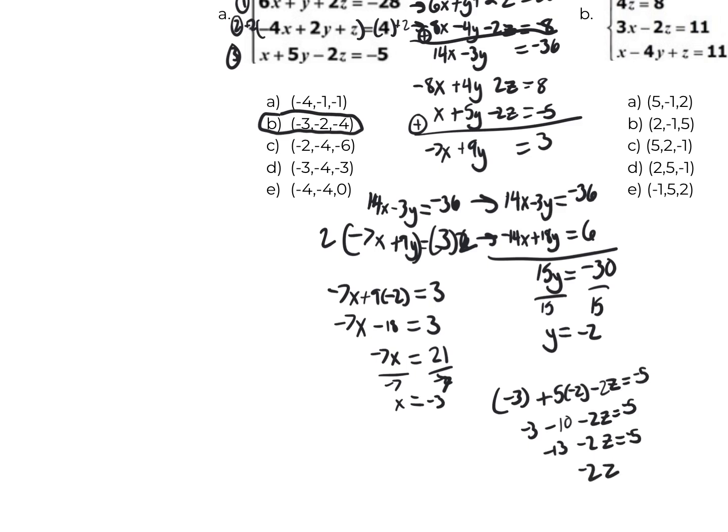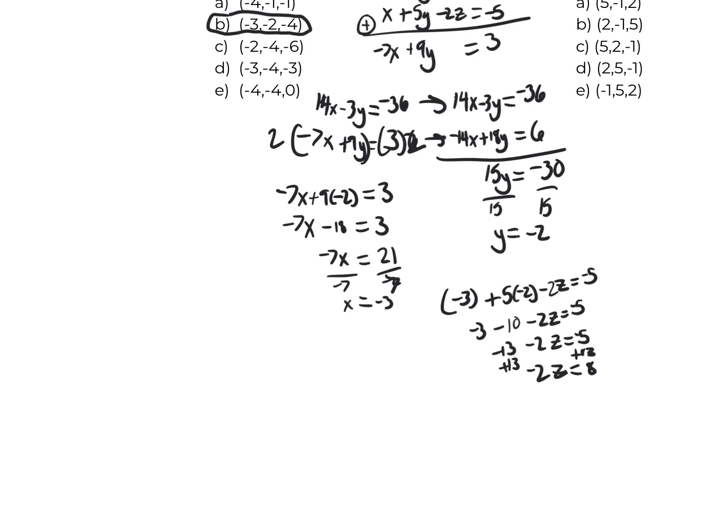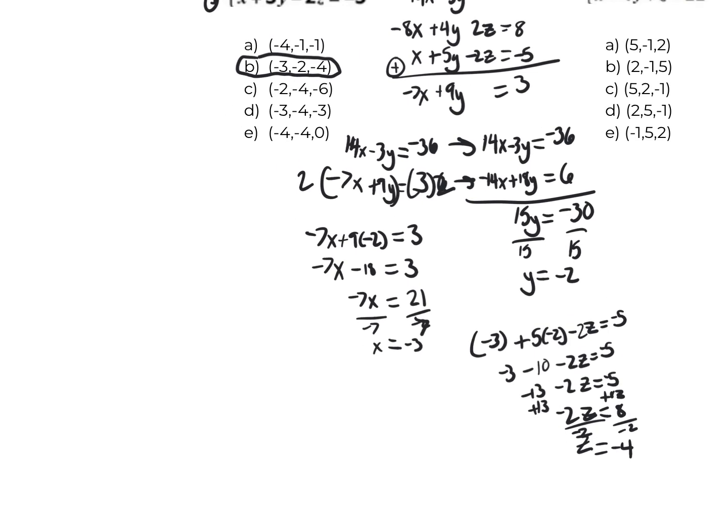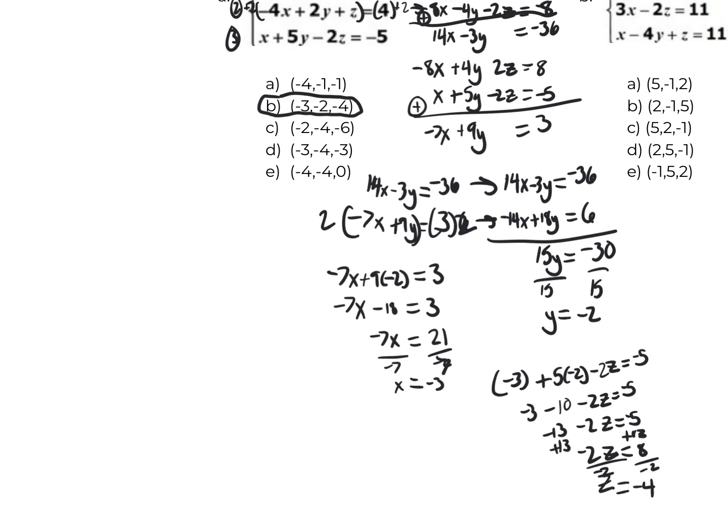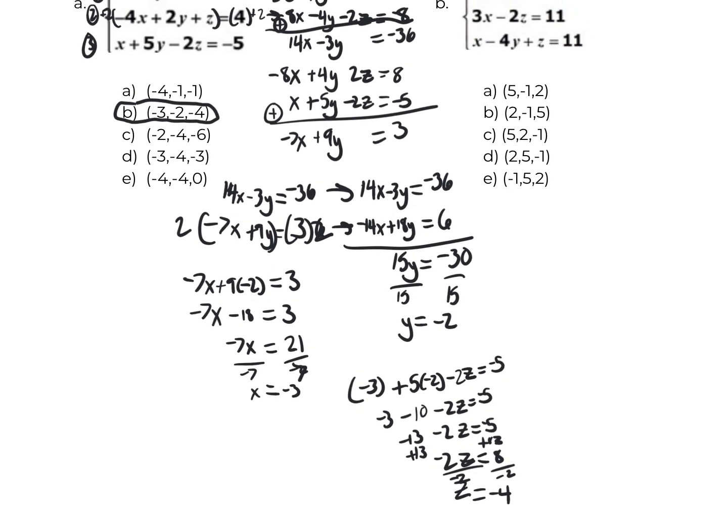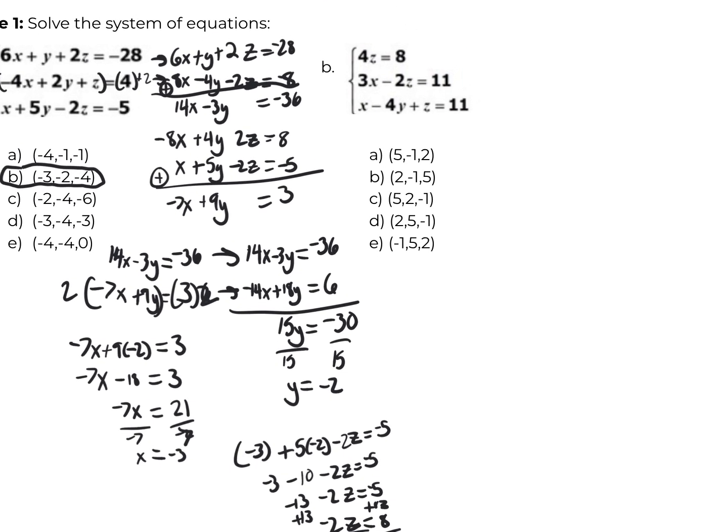So negative 2z, negative 13, so I add 13 to both sides. So negative 2z equals 8. And therefore divide both sides by negative 2. And 8 divided by negative 2 is negative 4. And that is what B tells us our options are. So that is how we get that.